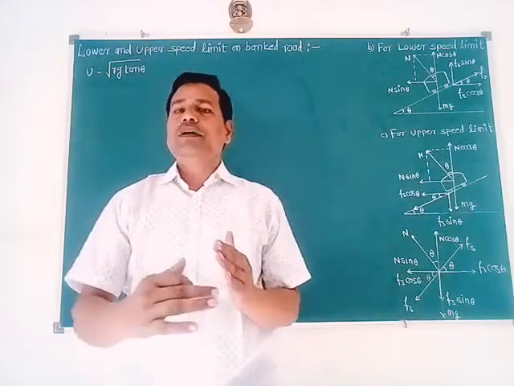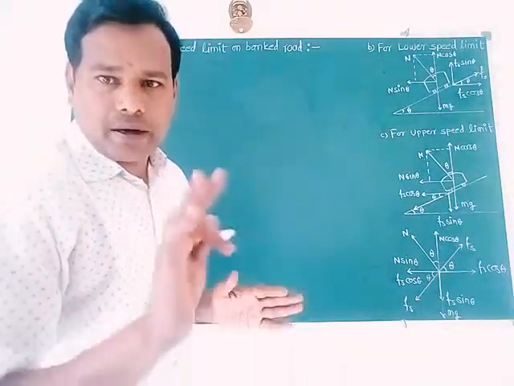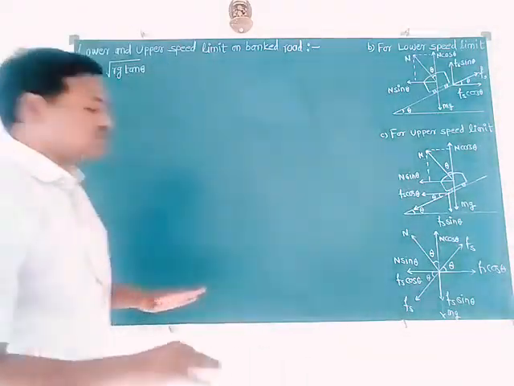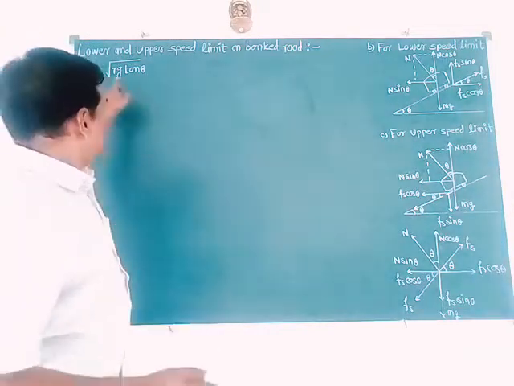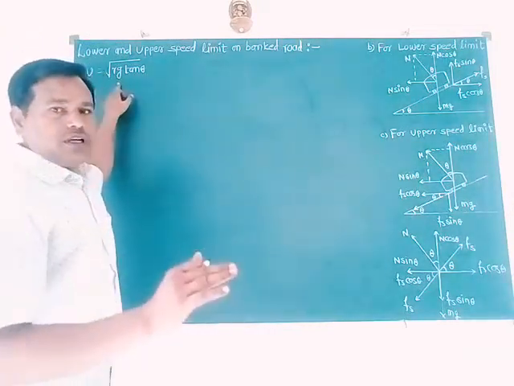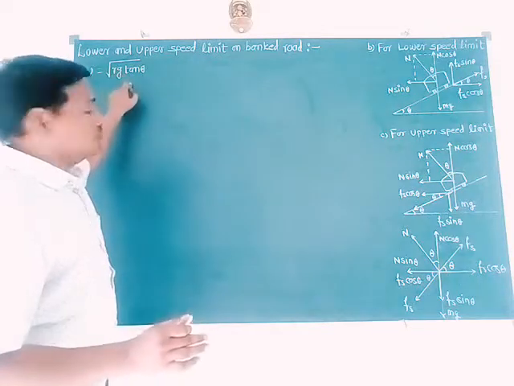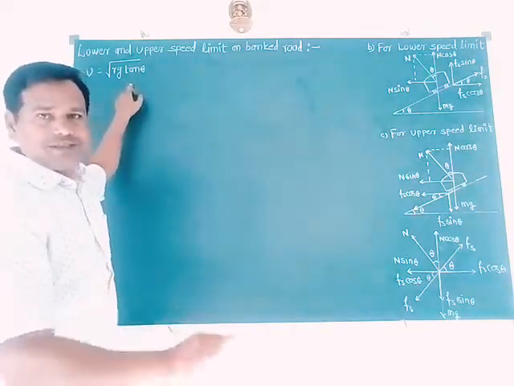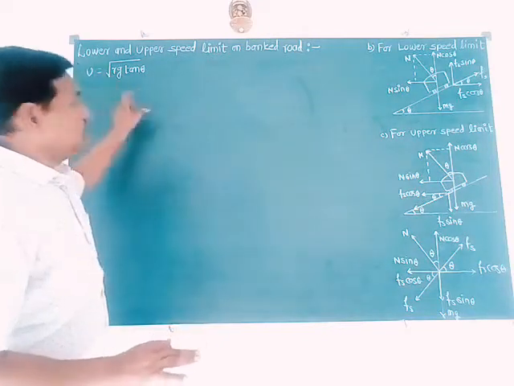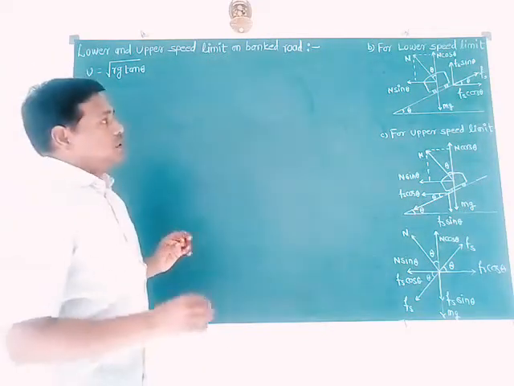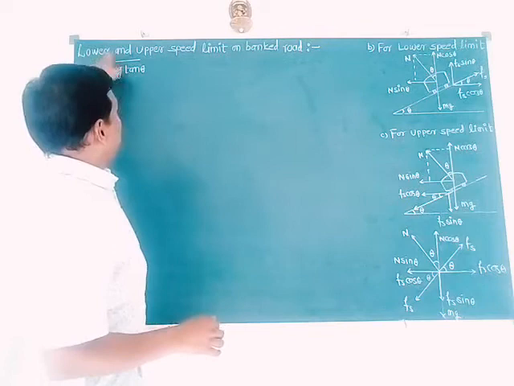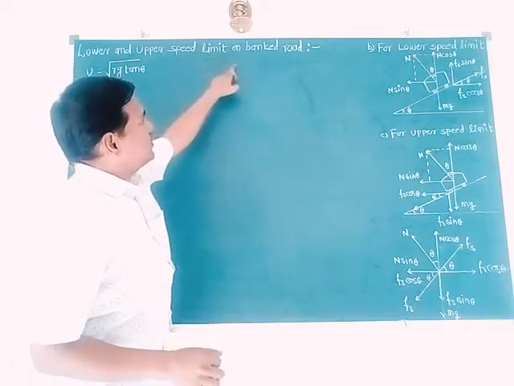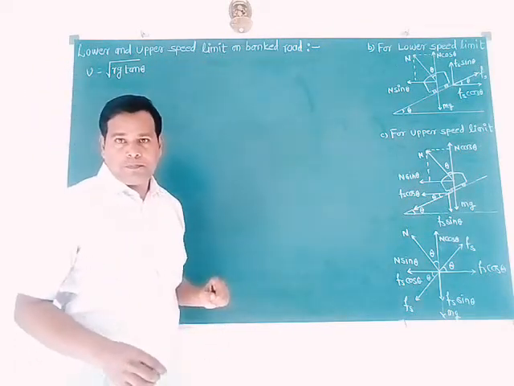The speed of a vehicle on a curved road banked at some angle theta cannot be always this much. Sometimes it may be greater than this speed and sometimes it may be less than the speed. So here we have to find out the lower and upper speed limit on the banked road.